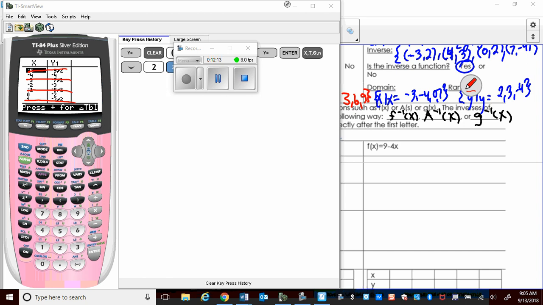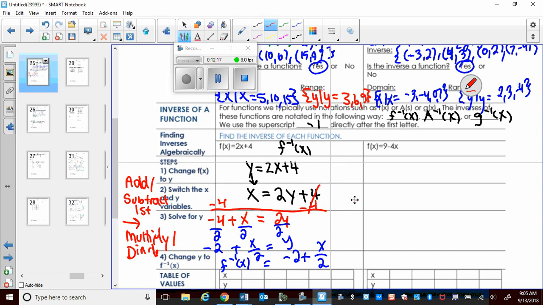So negative 4, negative 3, negative 2. Finish the table. I skipped all the ones with fractions. Who wants to graph those kinds of points?